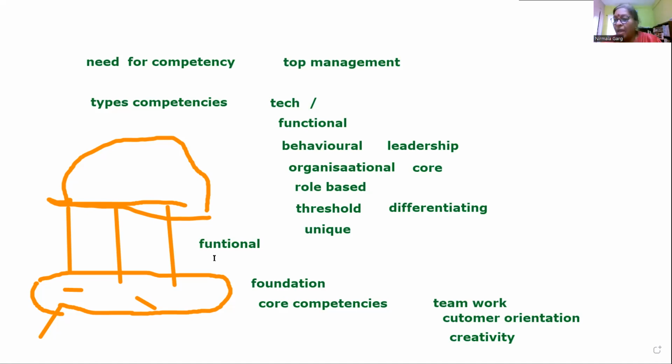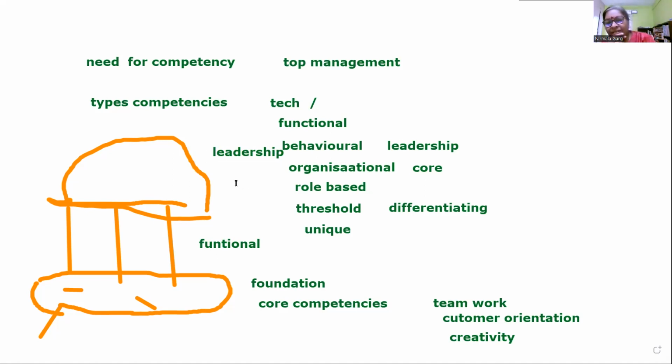Across functions, they will have different levels. Obviously, the intensity will change. Now, the roof, what we call leadership competencies. Leadership competencies are required by all the people who are leaders, who will be leading, who will be controlling, who will be supervising. So these are leadership competencies.